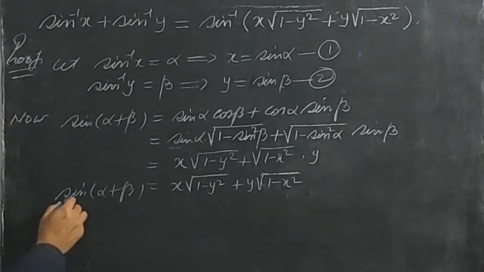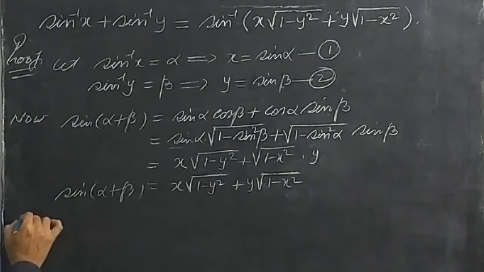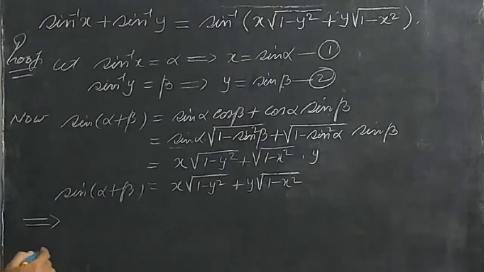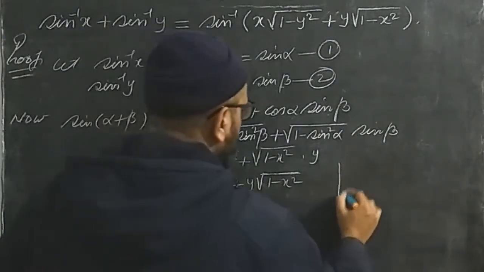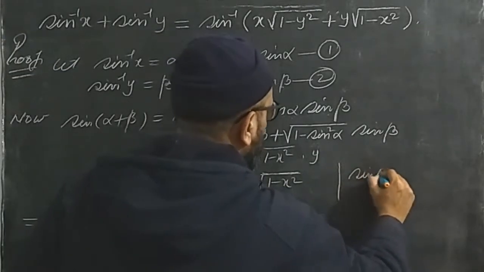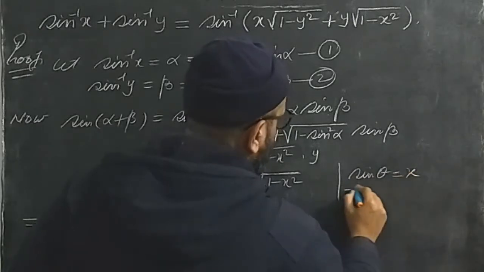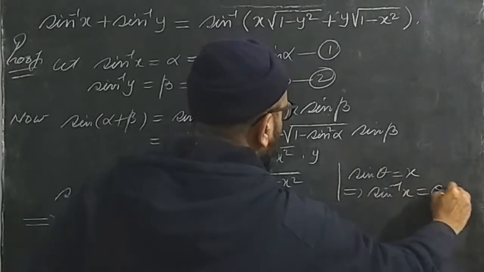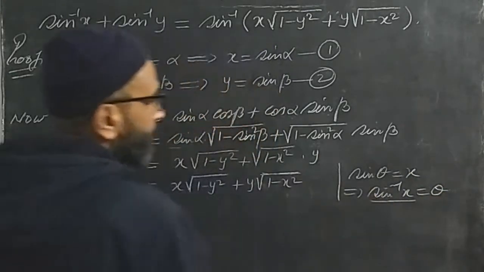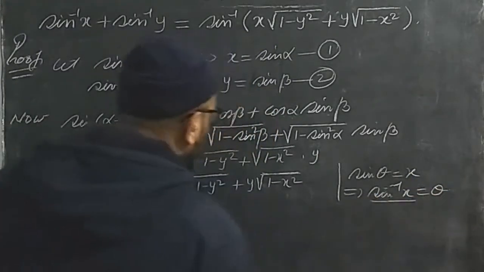So in this step we write this relation in terms of inverse trigonometric functions, because the basic concept of inverse trigonometric function is if sine theta is equal to x, then it implies that sine inverse x is equal to theta, that is that angle for which sine has the value x.